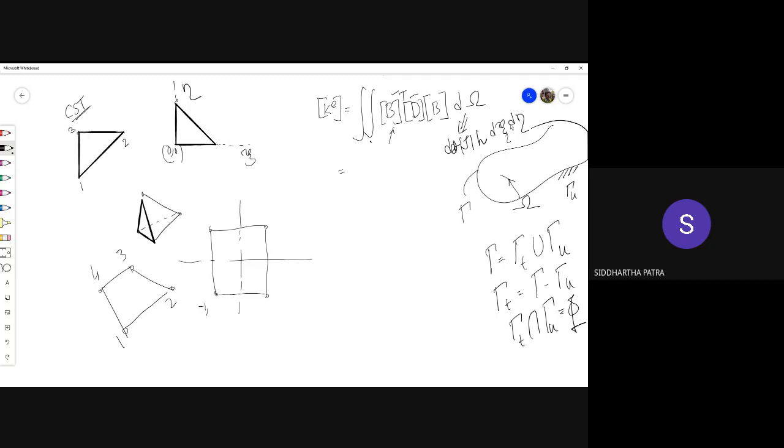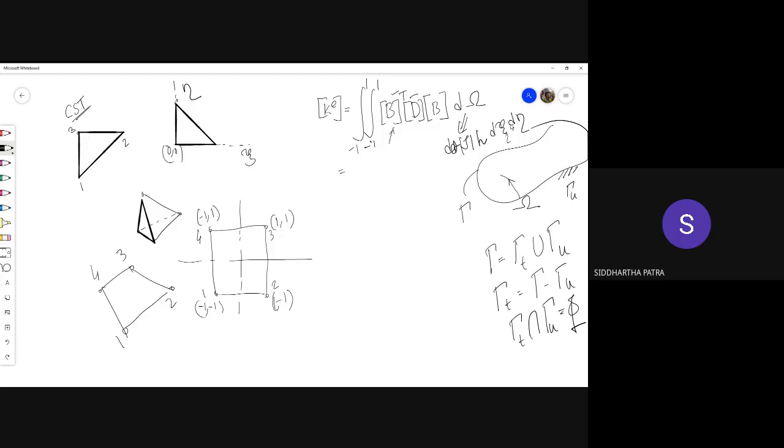So this goes from -1 to 1, then 1 and -1. So these are the four nodes of the four-noded quad element. So for a four-noded quad element, those limits should be from -1 to 1, and the order of integration doesn't really matter.